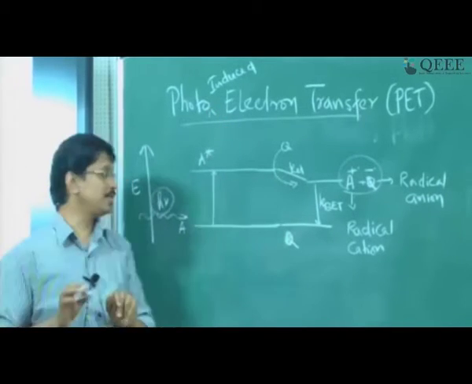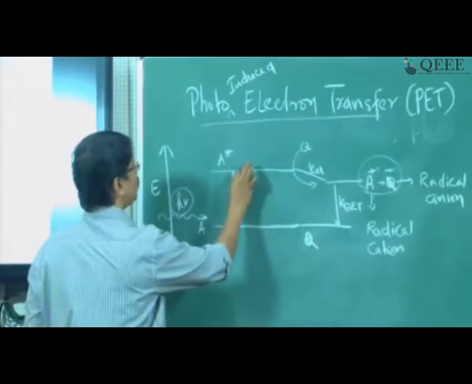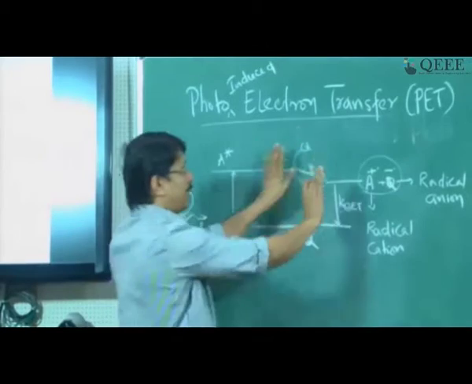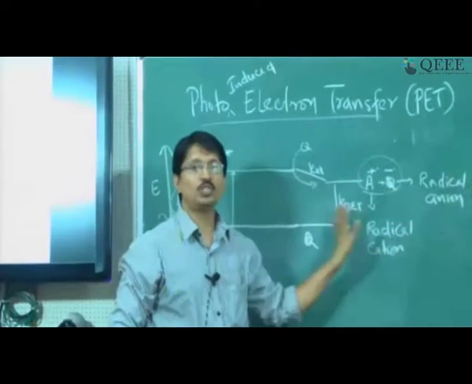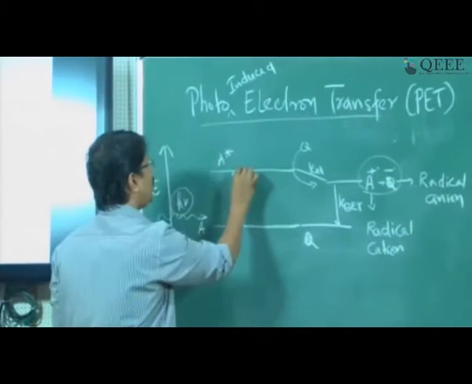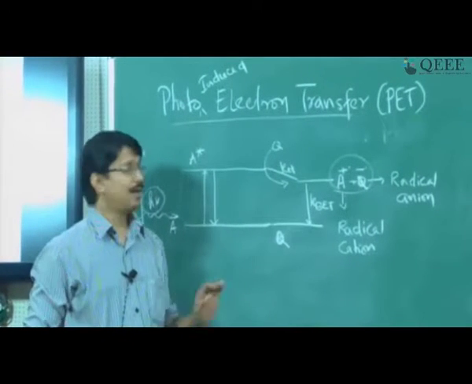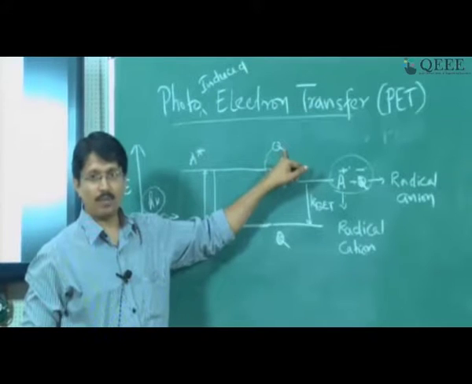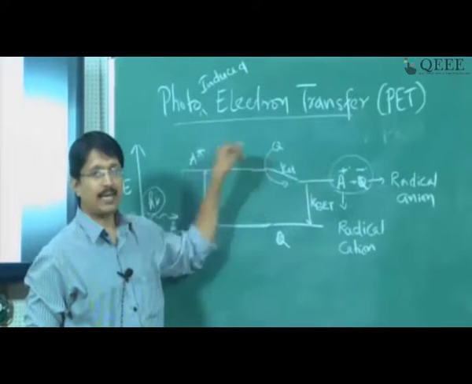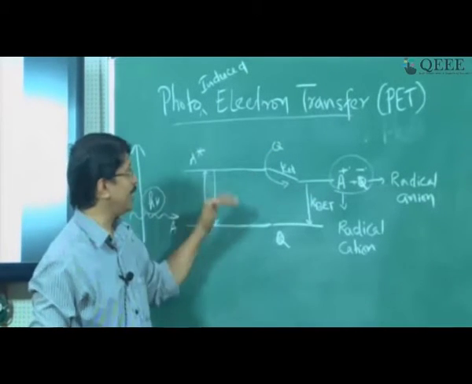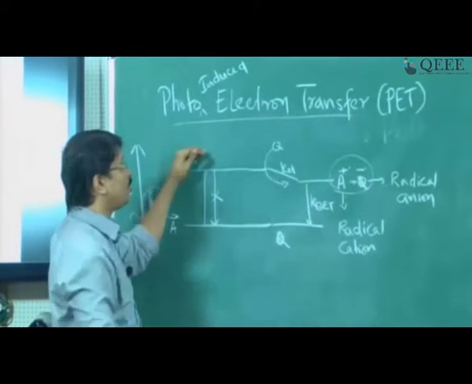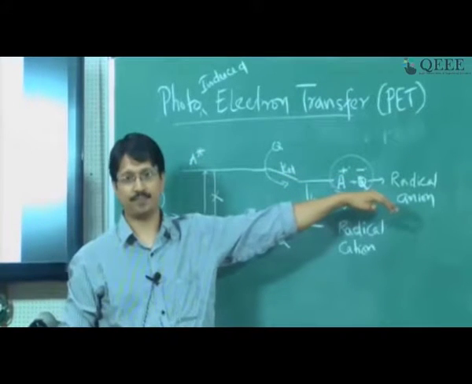But for our focus, what happens to the fluorescence of this one? Assume that this part is not there, there is no quencher. You excite the molecule, and usually it gives the fluorescence back. Now, the moment you add a quencher, it interacts with the fluorophore. As a result, a fraction of the fluorophore will go in this path. There is another channel.